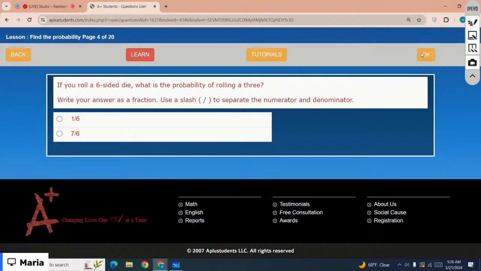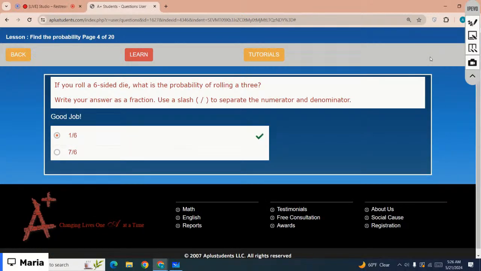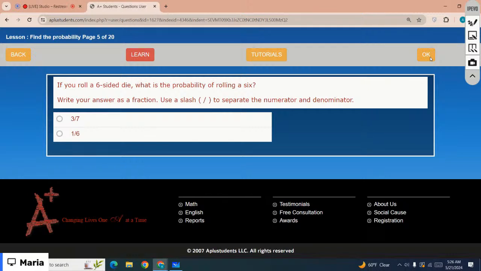The correct option is 1 over 6. That is 1 out of 6, right?